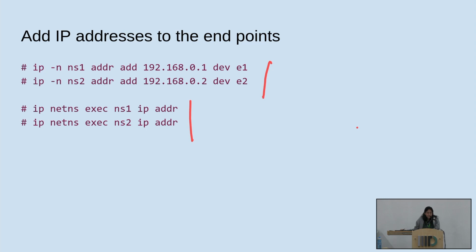As Chandra said last time, we created the L2 interfaces, that is the veth interfaces. Now we are adding the L3 layer for it, that is we are adding the IP addresses for it. So are we done with the IP addresses?